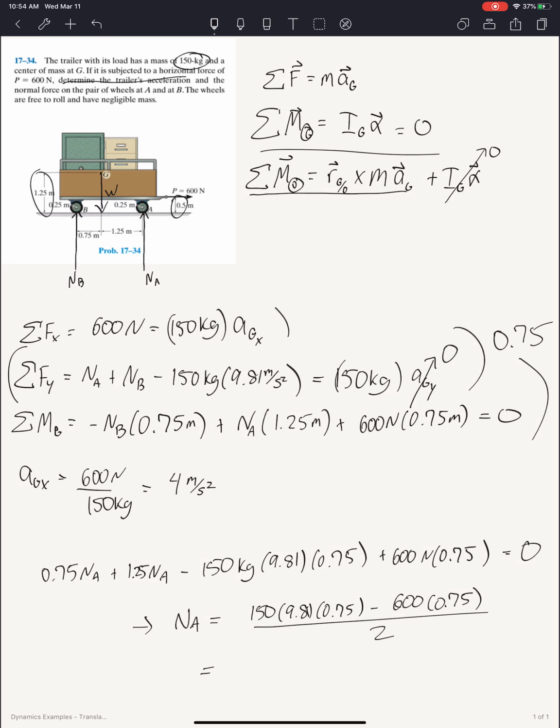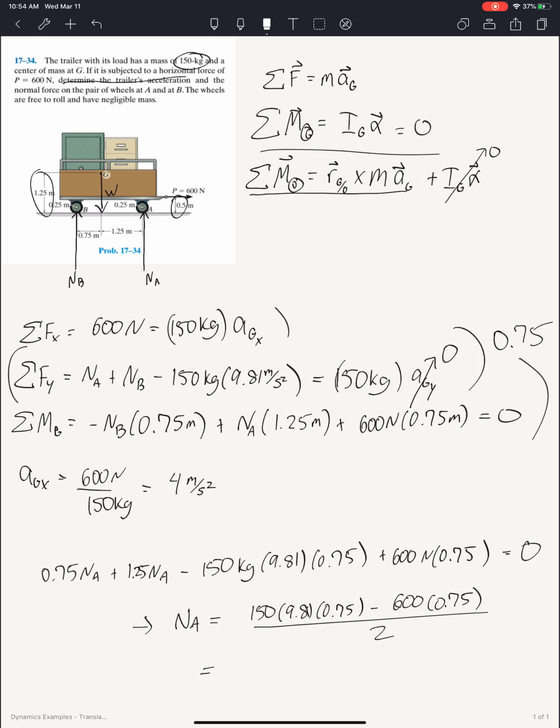which equals, let's sort that out, 150 times 9.81 times 0.75 minus 600 times 0.75 divided by 2. Oops. Parentheses and balance.